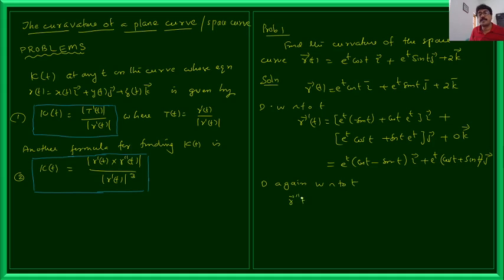r double dash t: e raised to t into the derivative of cos t minus sin t, plus cos t minus sin t into the derivative of e raised to t.